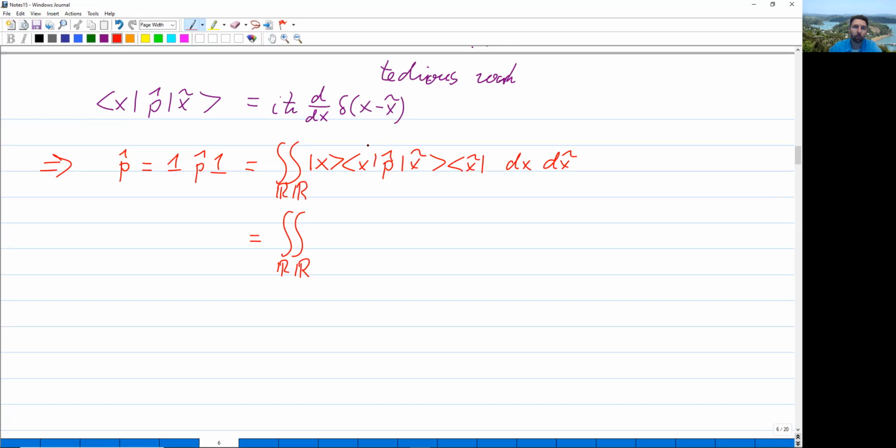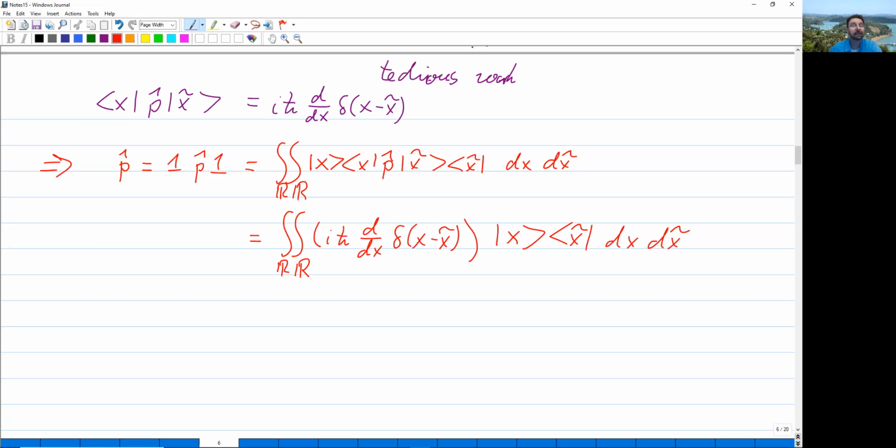And now we know what this is, so we can fill that in, and we obtain that this is i h bar d by dx, the derivative of the Dirac delta, x minus x tilde, and then multiplied with x tilde, dx tilde.